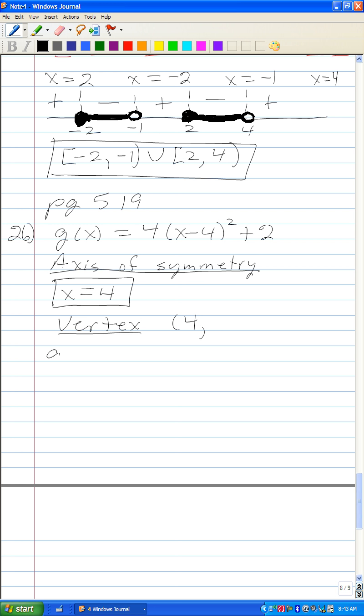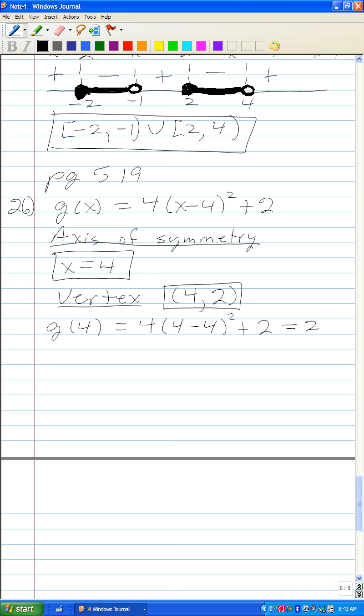You can determine the y-coordinate of the vertex by just plugging in 4. 4 minus 4 is 0, squared is 0, times 4 is 0, plus 2 is 2. Therefore, the vertex is at (4, 2). A, the number in front of the square term, is 4, which is greater than 0. Therefore, this parabola points up.